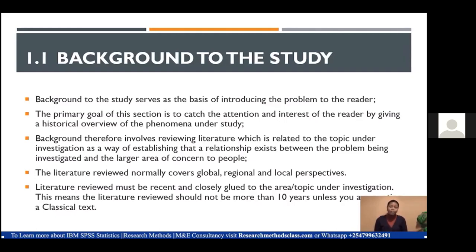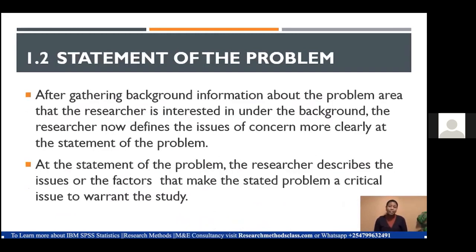Now, as you review the literature, it should cover global, then regional, then the local perspective, and ensure that the materials that you are reviewing literature from are current. Unless you are referring to a classical material, the books, the materials that you use should not be more than 10 years old, especially in social sciences.